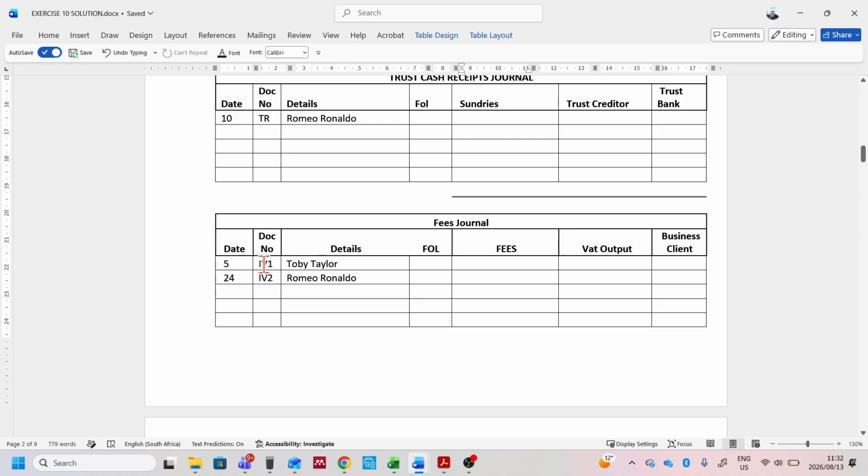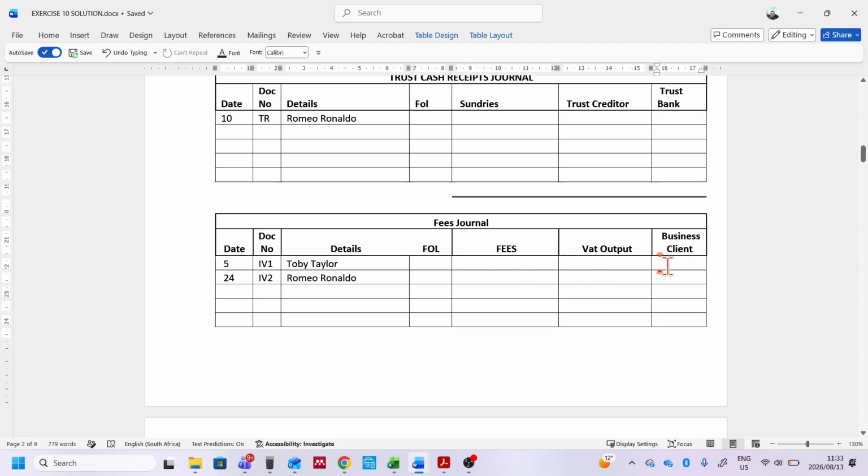When you account to, you are sending an invoice. So you can either write IV for invoice, IN for invoice, depending on whichever, or just write I1, invoice number one, invoice number two. It will be all up to you. And then the customer name is Toby Tyler.